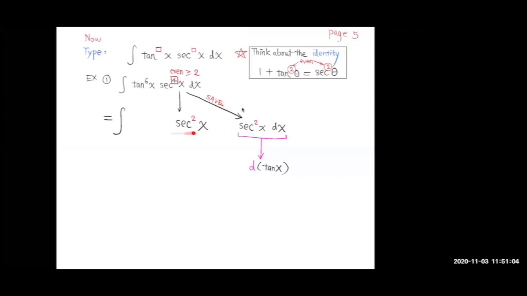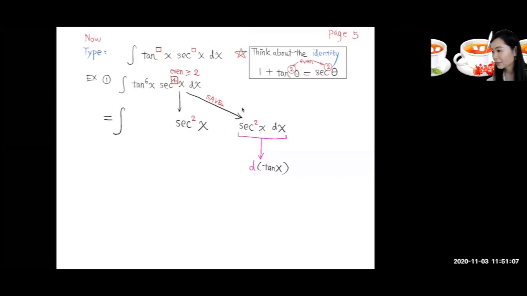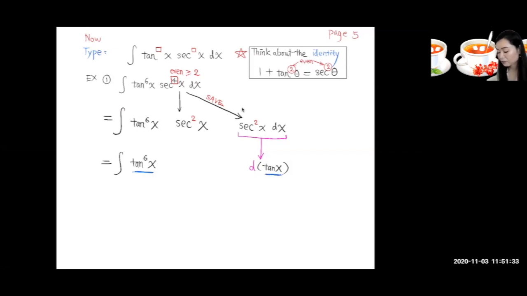No, because this later on is going to become the integral with respect to tangent x, right? So you don't want to change it. Let's just keep it: tangent to the 6th power. Because there's tangent x over here, you want to keep it.